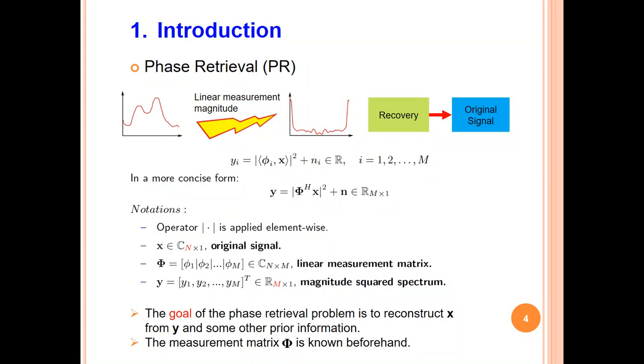Actually, our goal is to recover the original signal from the magnitude squared spectrum, which is equivalent to recovering the lost phase. Note that the measurement matrix here is usually known beforehand. The most common one is the DFT matrix.